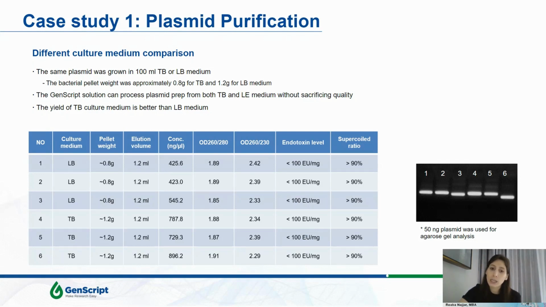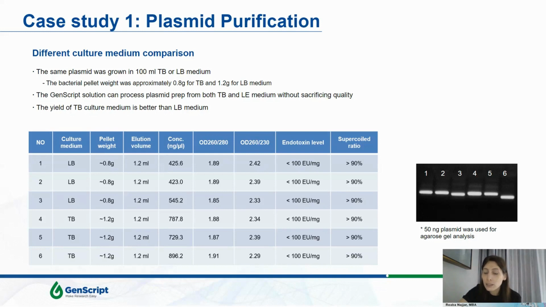And really the big takeaway here is that with LB, which is not a very rich media, it's an okay culture media. It's not amazing, but with something that is more rich, like TB, terrific broth, you're going to end up with significantly more bacterial pellet, which of course translates into how much plasmid you will end up getting.